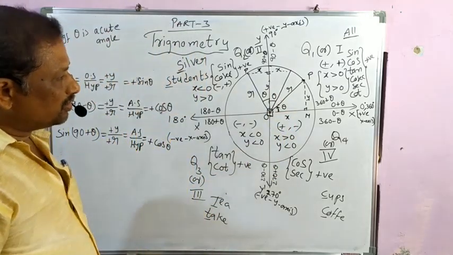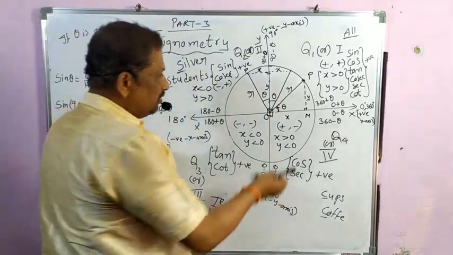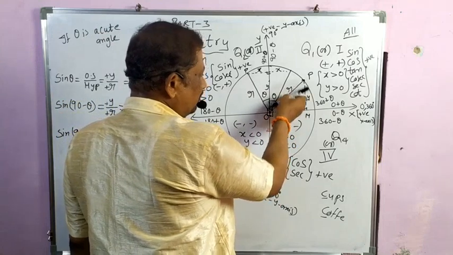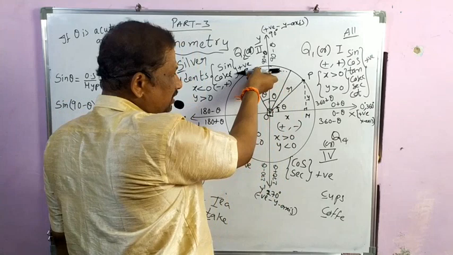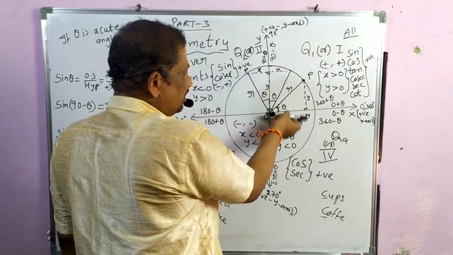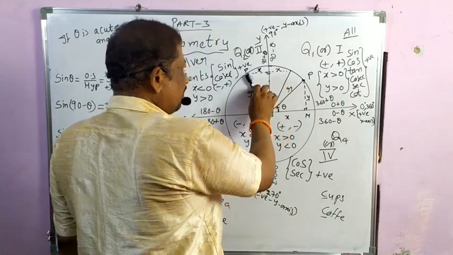What is the ratio of cos? First we take the cos ratio as adjacent side by hypotenuse. When it falls here, the adjacent side becomes the opposite side, and the hypotenuse has no change. In the same way, cosecant also changes.